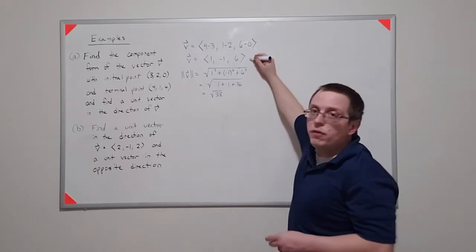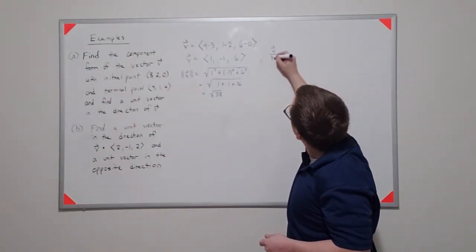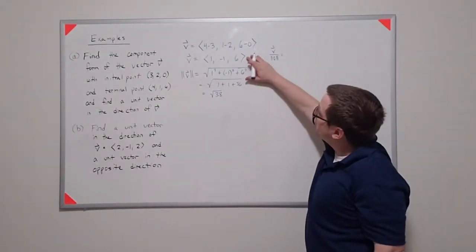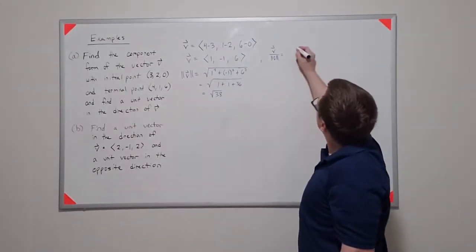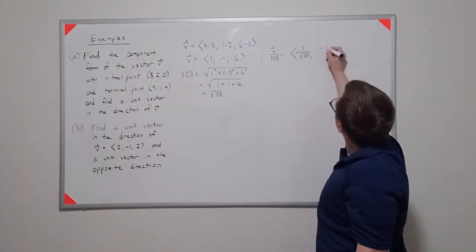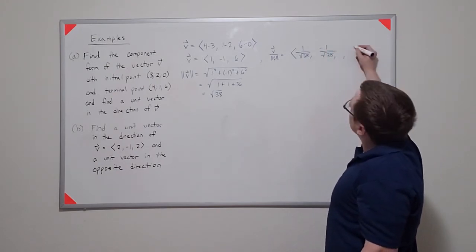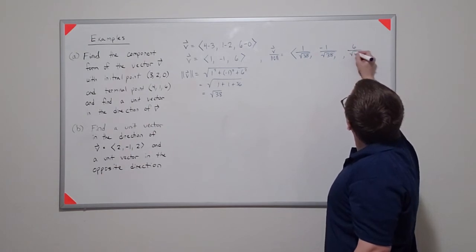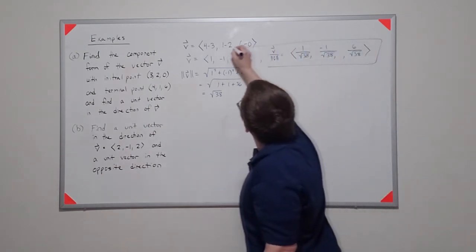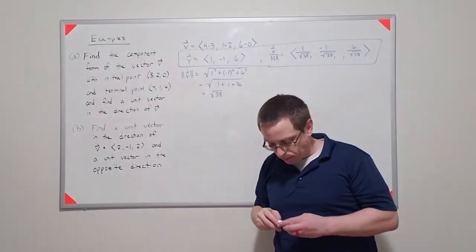So we not only have the vector, but the unit vector in that same direction is this vector divided by the magnitude. And that's how you solve this one.